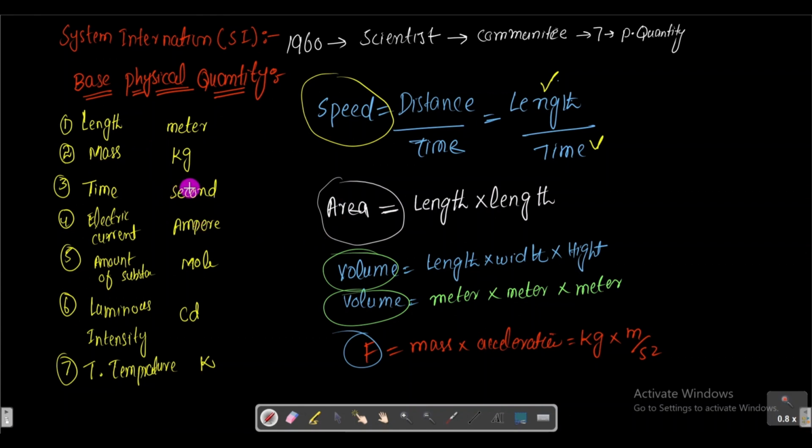So from here we can conclude that the scientists in 1960, in that community, defined seven physical quantities, and those seven are the base quantities. From these seven, all other quantities can be derived by multiplication or division. Therefore we call these seven base physical quantities, and the others derived physical quantities.